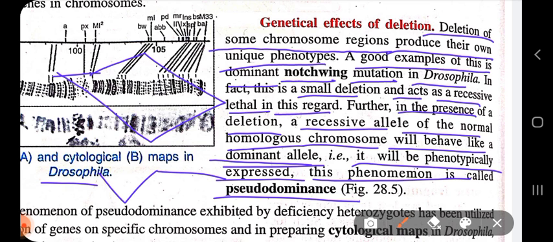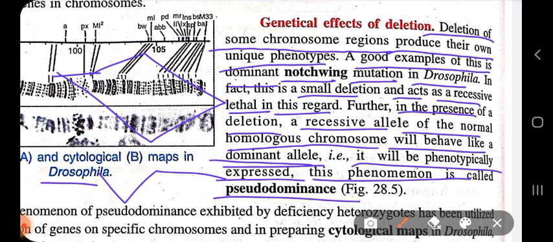Now, we all know that humans are diploid organisms. We have two copies of every gene, two alleles for every gene, and these alleles can be dominant or recessive. For a dominant allele to be expressed, one copy is enough, and a dominant allele is expressed even in the heterozygous condition.